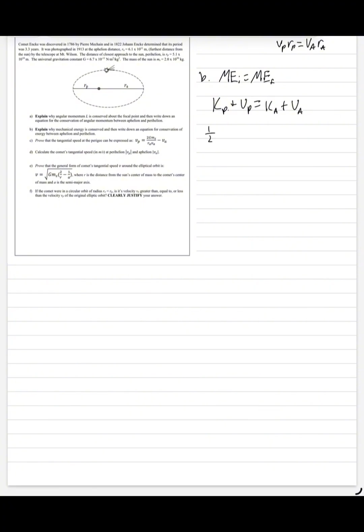We can expand this. And our focus is the sun.